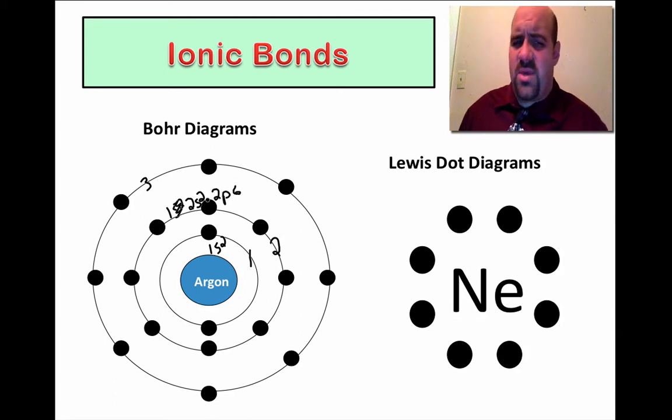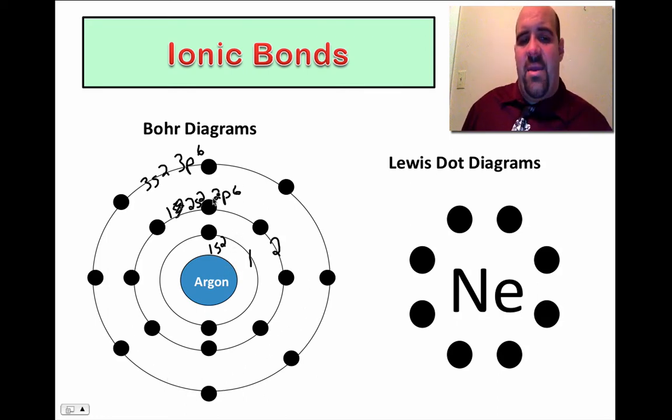Energy level 2 is 2s2, 2p6. This is going to be 3s2, 3p6. And of course, you could go following the Aufbau diagram 4s, 3d10. But for the most part, a Bohr diagram is going to list electrons by energy level. It's going to list them all. It's going to draw them all in terms of these concentric circles, and each circle represents an energy level.